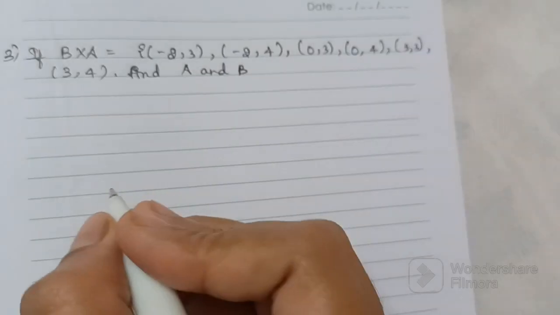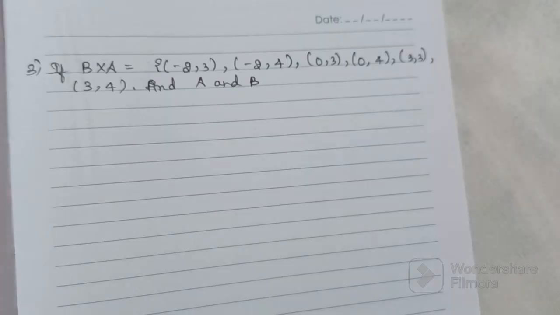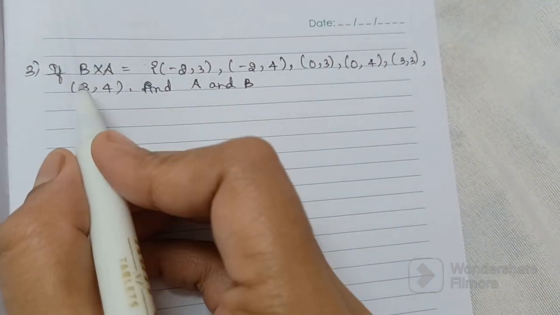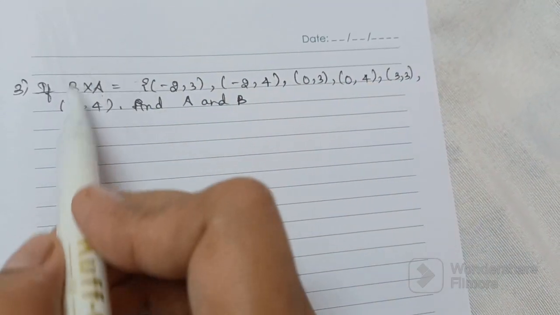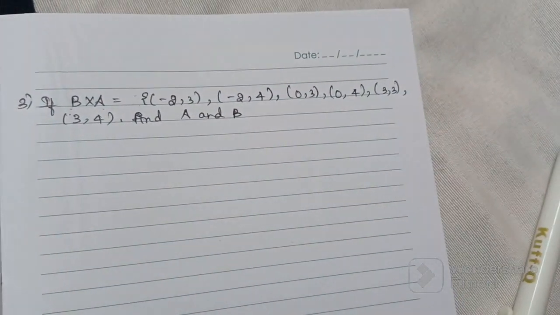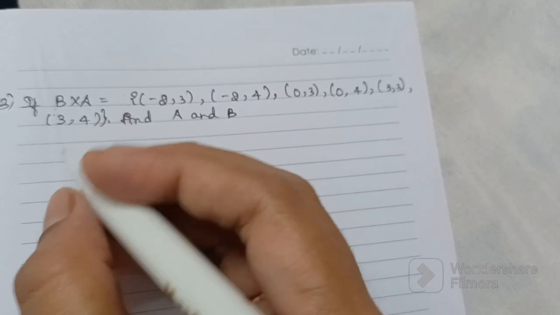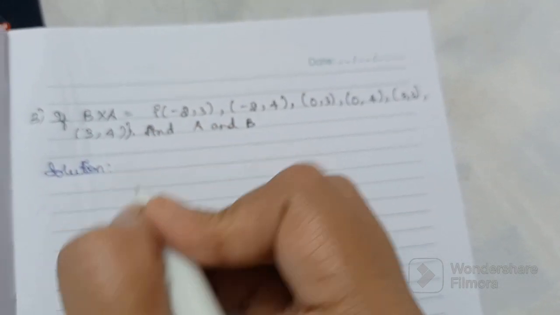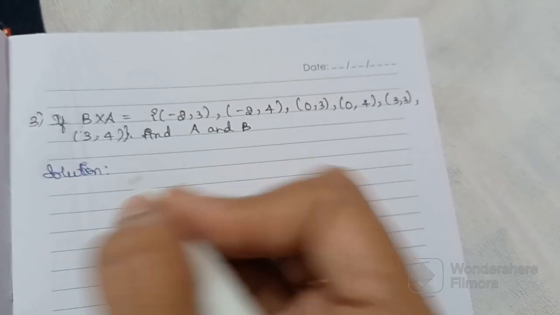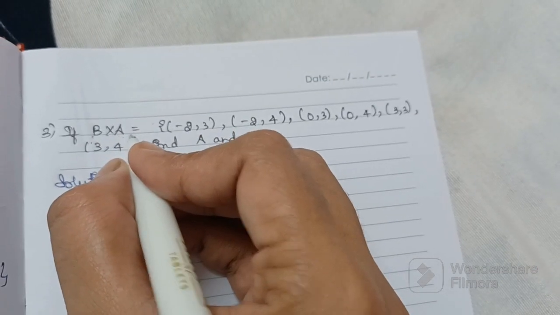Let's move on to the third exercise question. They have asked us, if A cross B is of these sets, then find A and B. Let's move on to the solution. Here B is given in the first and A is given in the second.